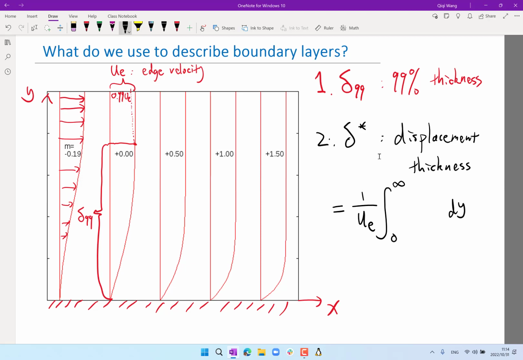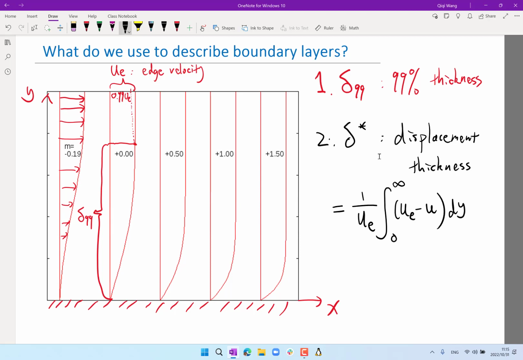In practice, I only need to integrate to outside of the boundary layer, because the integrand is ue minus u. When you are far away from the wall, ue would be equal to u, so you don't really have to go to infinity. You only need to go to wherever u is very close to ue, where the integrand becomes 0.